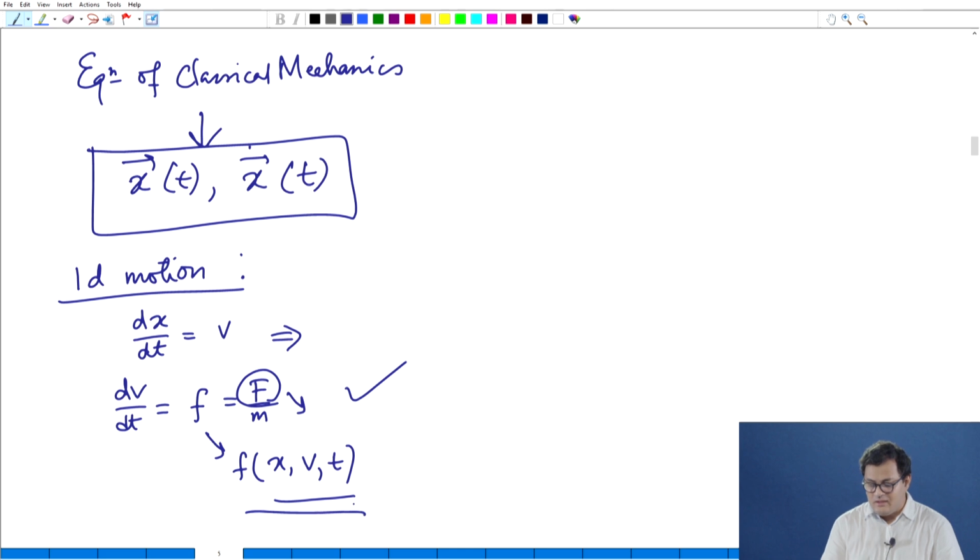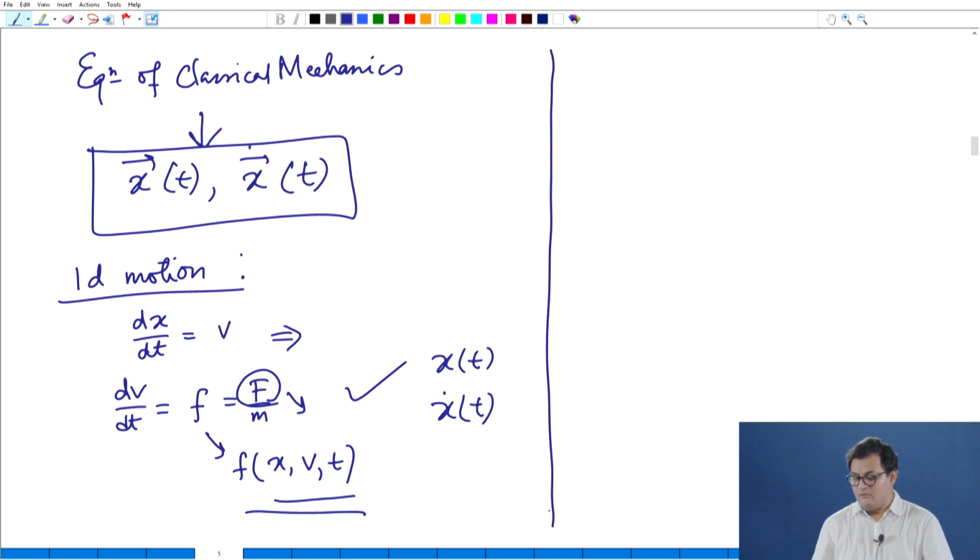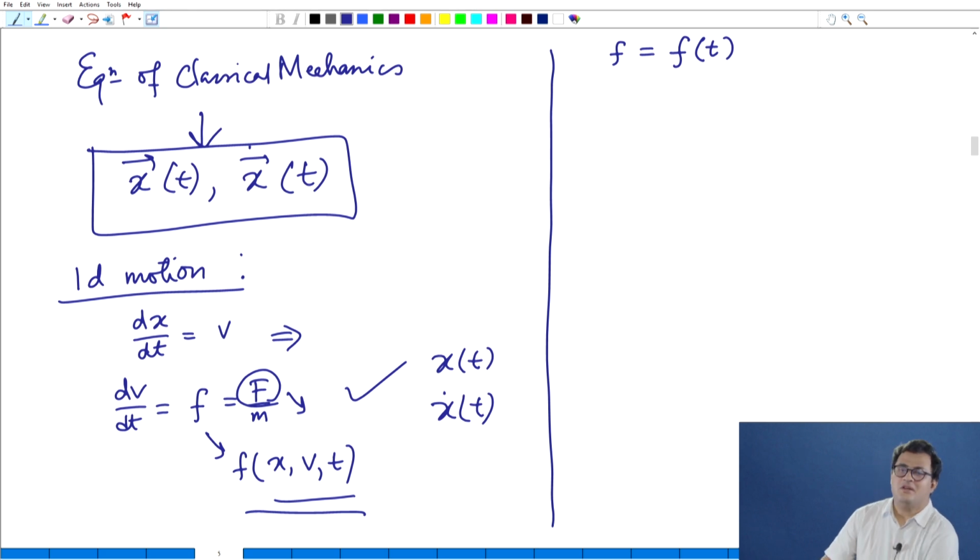If I know this, I know x of t and x dot of t, that I do not know. But in general, case by case, I can make some strategy so that I can solve the system. The first one is the easiest one. My force, or the acceleration here, is just a function of t only. It is changing with time explicitly, but not with x and v explicitly.